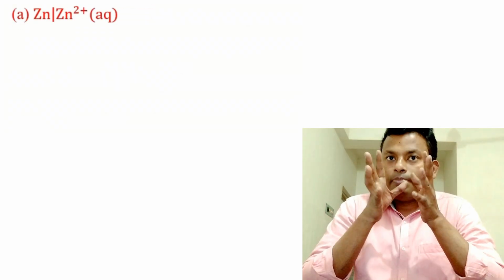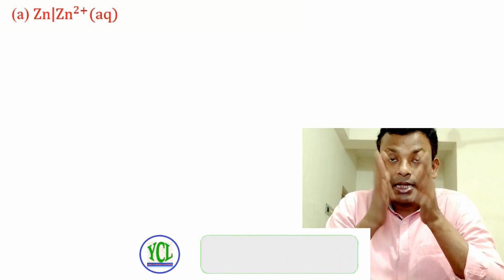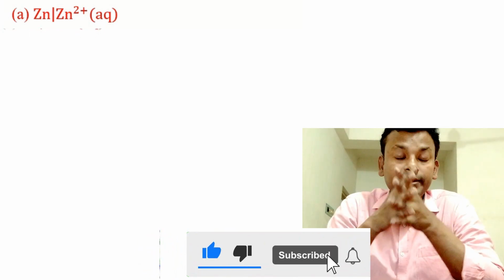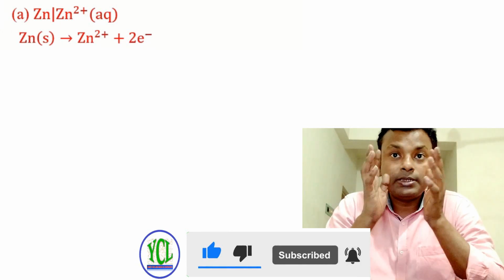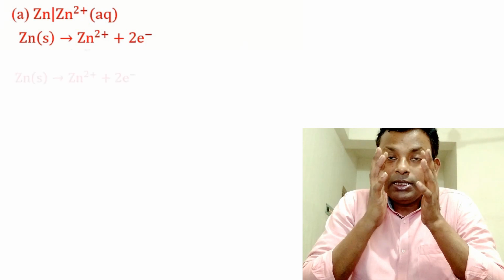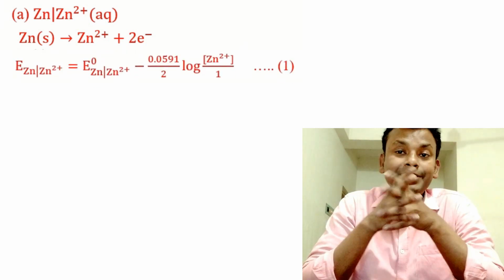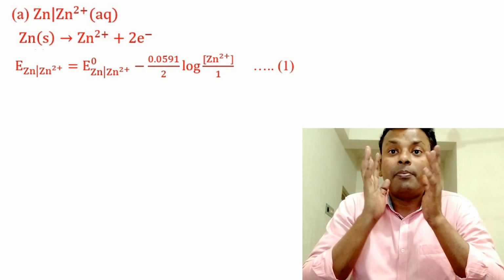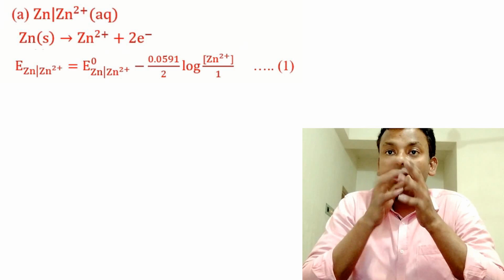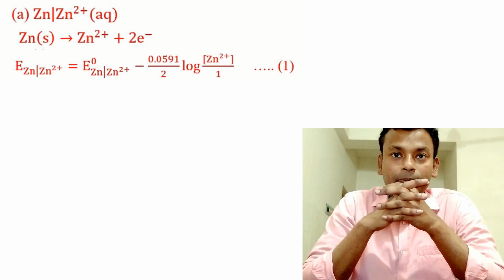Here the first half cell is Zn/Zn2+ aqueous. Zn solid gives Zn2+ plus 2 electrons, so E Zn2+ equals E0 Zn2+ minus 0.0591 by 2 log concentration of Zn2+ by 1.